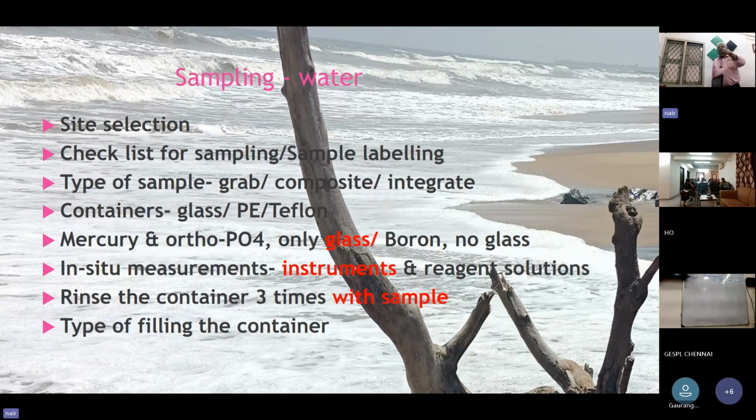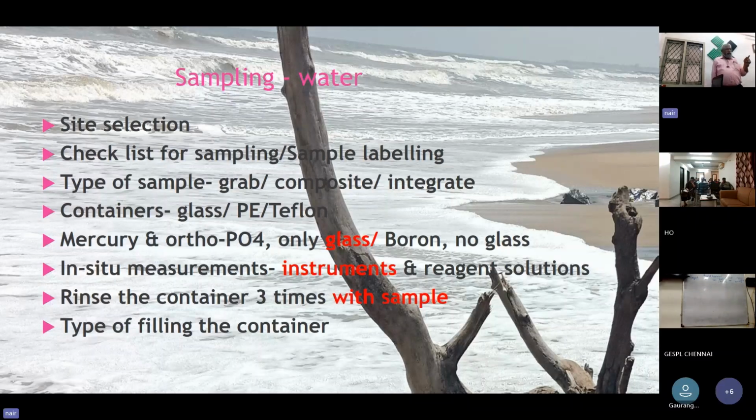So you have to decide the type of container before going to the site for sample collection. See, in the case of mercury and orthophosphate, only glass can be used. But if you want to analyze boron, you cannot collect the sample in borosilicate glass. You cannot use glass bottles. There you may require polyethylene or Teflon bottles.